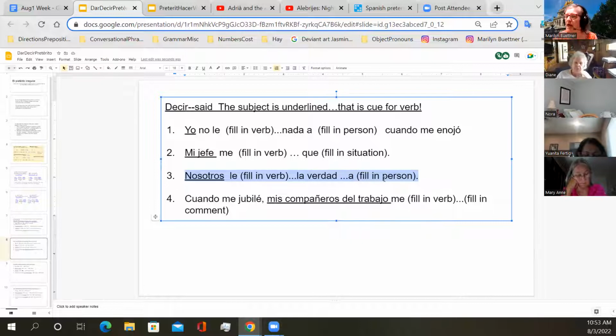Dijimos, bien. Nosotros dijimos la verdad a mis padres. Okay, and then we'll just change the le to les. Les dijimos la verdad a nuestros padres. Bien. Oh, okay.